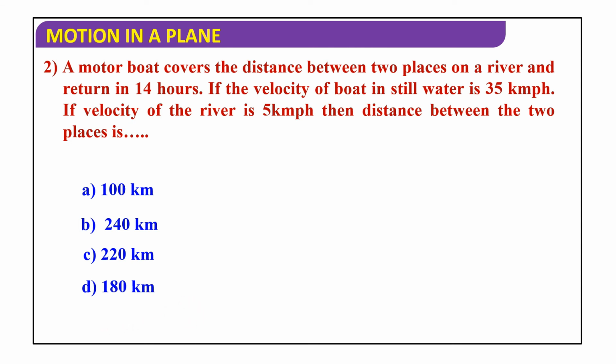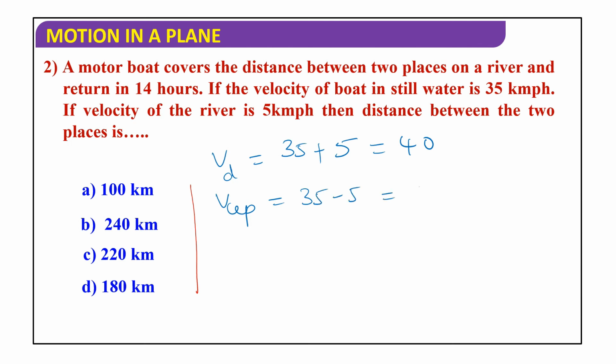Let us discuss. Here velocity of downstream is 35 plus 5, as river is 5 km per hour, so we are getting velocity of downstream 40 km per hour, and velocity of upstream 35 minus 5, that is 30 km per hour.